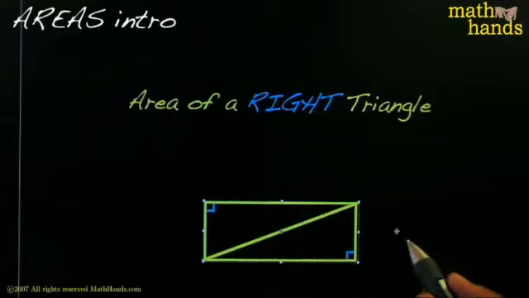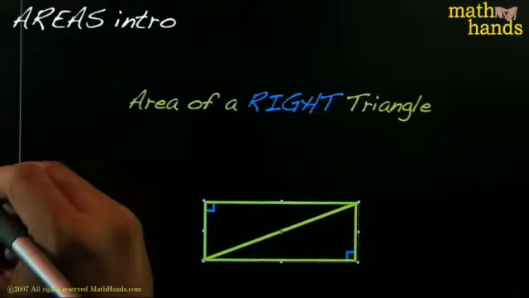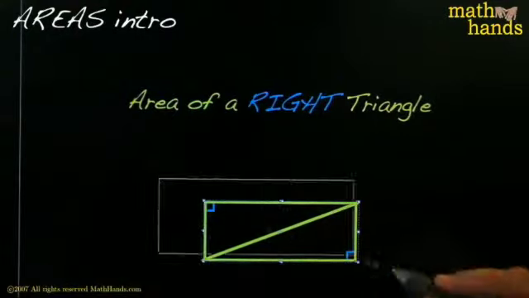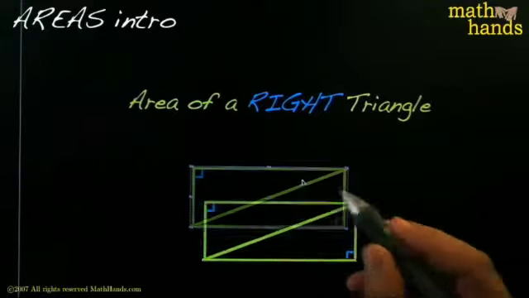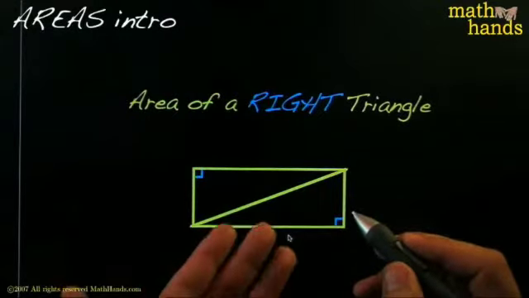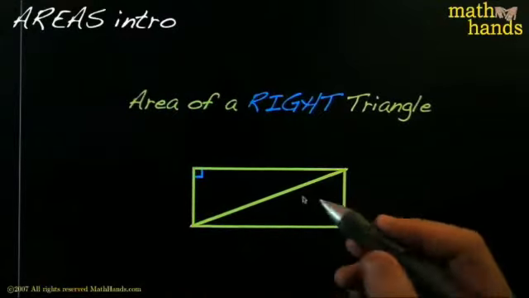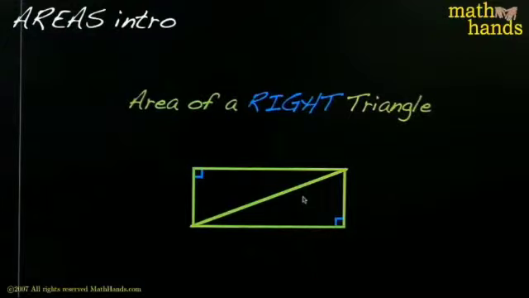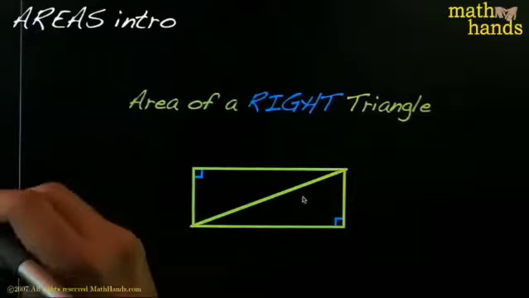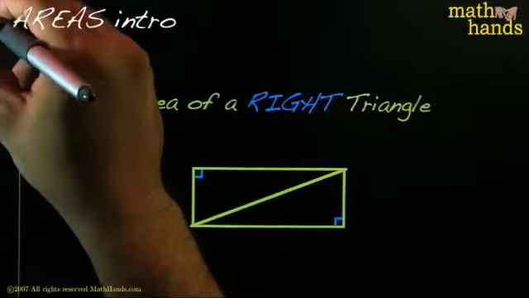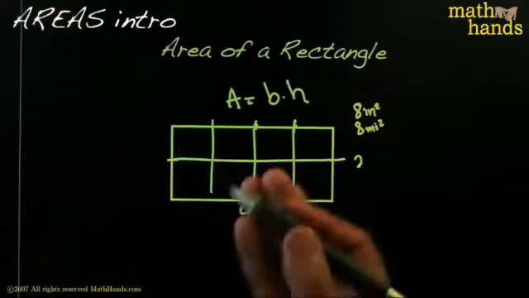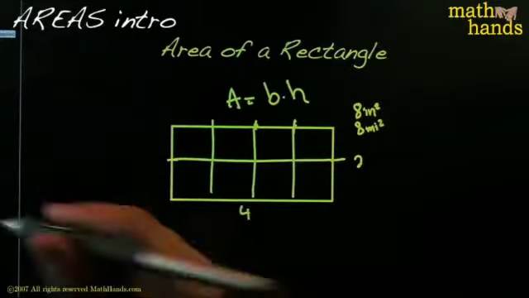So if you do that, then that means you have two of these. Just from looking at it, two of these guys make a perfect rectangle. So then the area is really easy because we had already conquered rectangles a long time ago. The area of a rectangle is the base times the height.